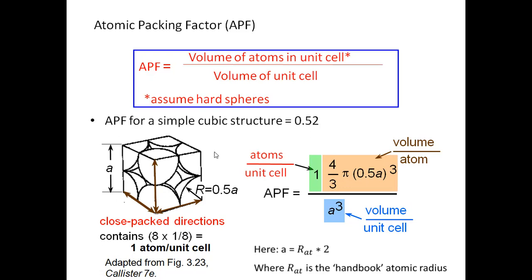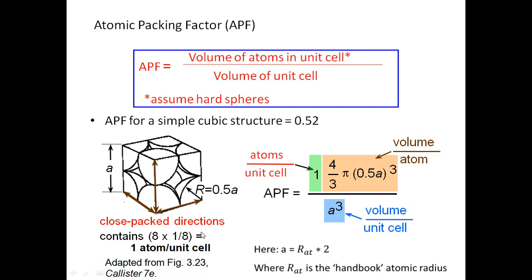And then we say that it contains how many atoms? 8 times 1/8. There are 8 corners, and we said each corner is 1/8. So to find the amount of atoms inside this unit cell, you multiply 8 times 1/8.